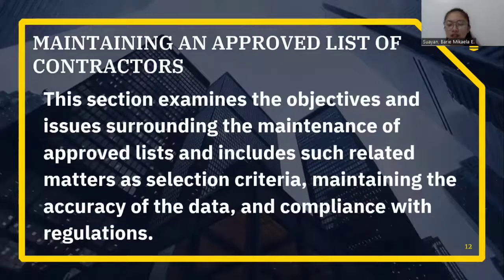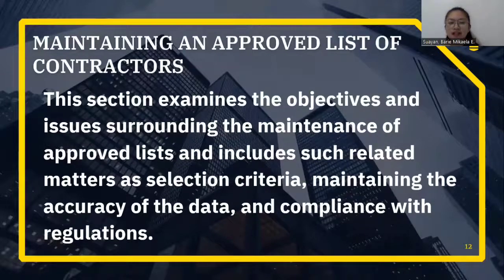In the previous section, we discussed the general issues which should be taken into account when an organization is considering the engagement of an external contractor. However, where an organization, such as a local authority, is regularly involved in seeking a contractor for familiar projects, it may prove necessary for them to maintain an approved list of reliable, trustworthy, and stable contractors as the basis for selection, perhaps using tendering.